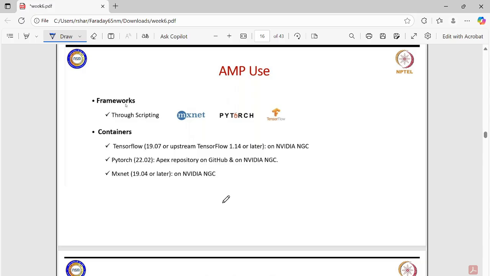When it comes to hardware utilization, it makes use of specialized hardware like tensor cores on NVIDIA GPUs and improves throughput and energy efficiency. AMP is widely used in training state-of-the-art models like large transformers, CNNs, etc., to improve efficiency without losing accuracy.